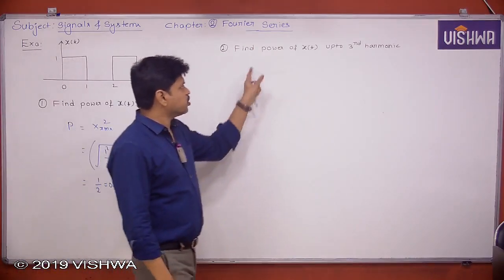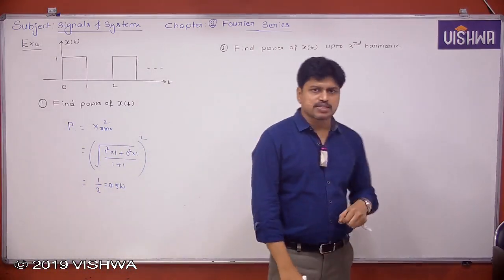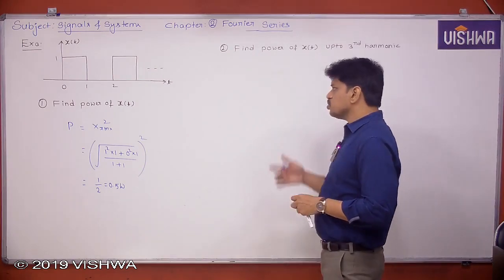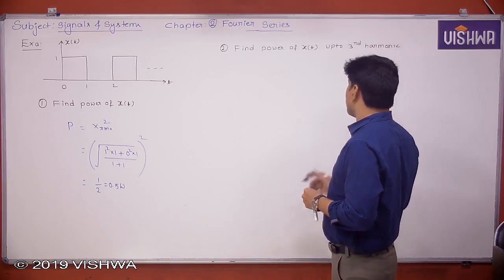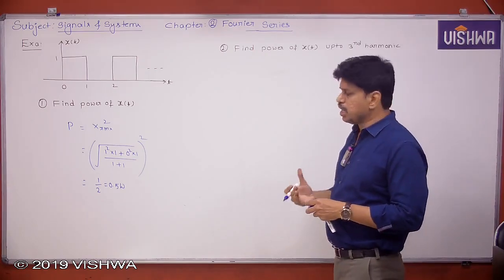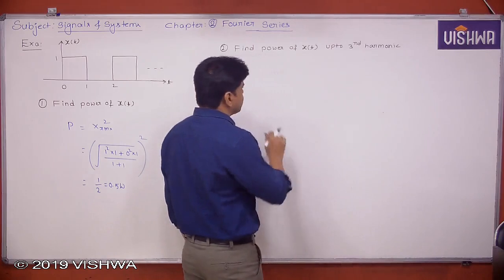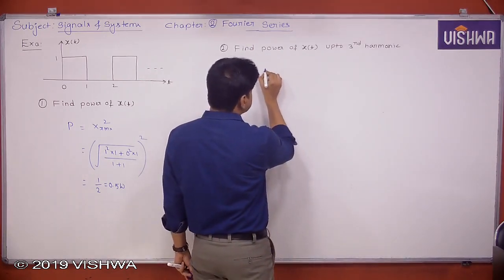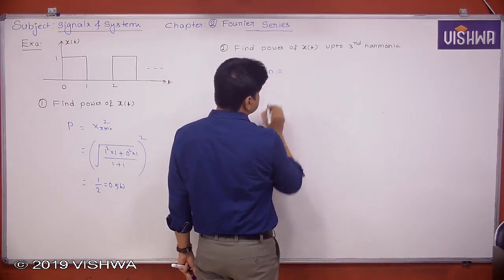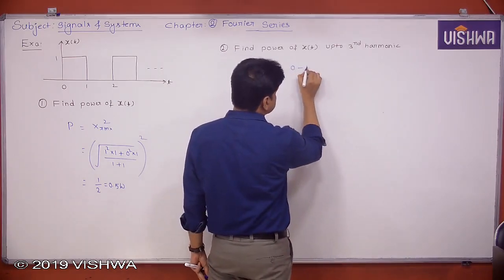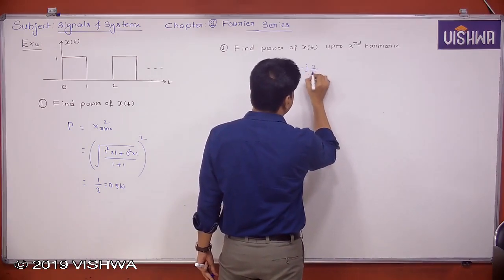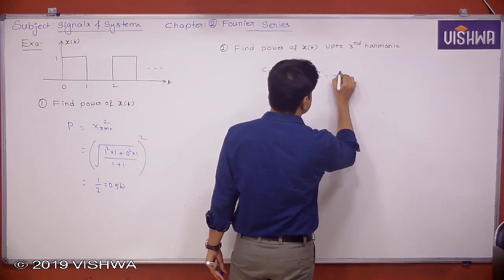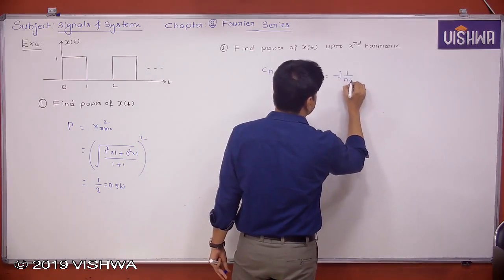But coming to this question, find the power of x of t up to the third harmonic. Here the trick is, I cannot use x of t directly because they are asking about harmonics. That means they are the frequencies. Now, power up to the third harmonic. First of all, what is the Cn value for this? Cn is equal to 0 minus jbn, that is nothing but 2 by n pi by 2. So minus j 1 by n pi.